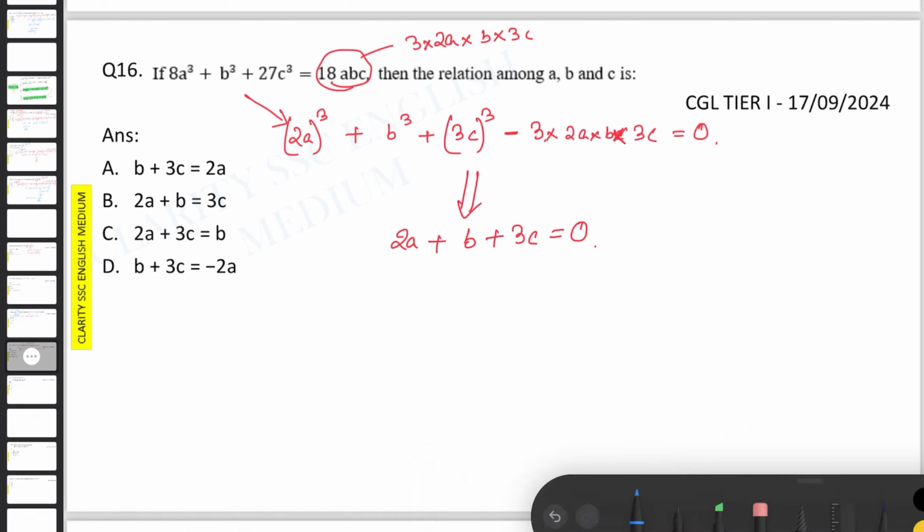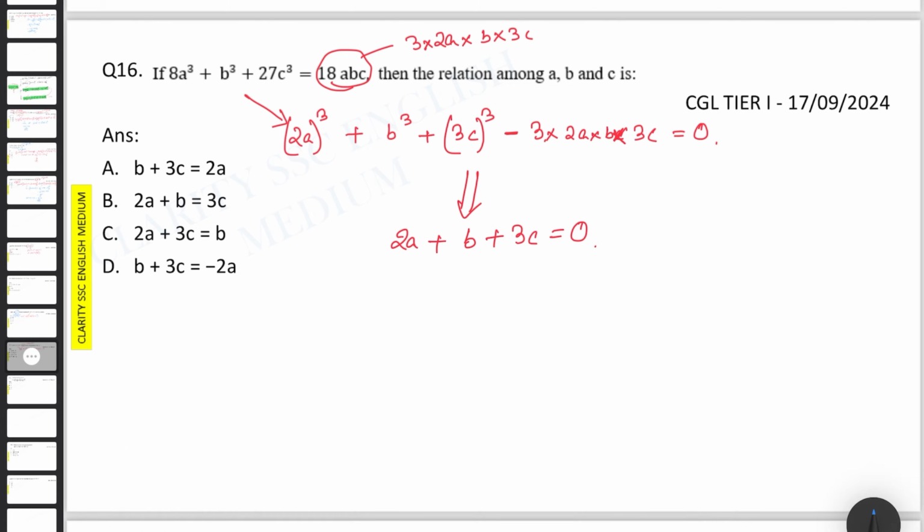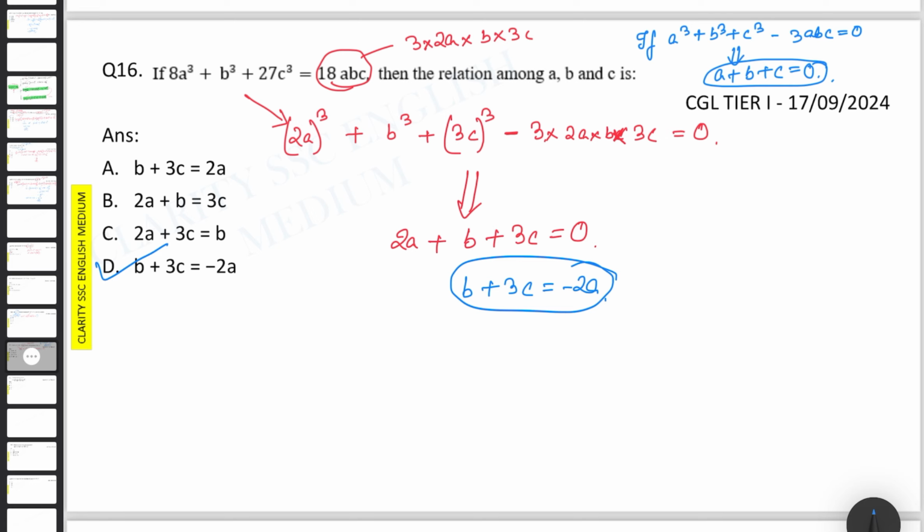What I have just written here is, if a cube plus b cube plus c cube minus thrice abc is equal to 0, then a plus b plus c is equal to 0. Here the value of a becomes twice a, b is b only, c is thrice c. So we can write here 2a plus b plus 3c equals 0. So option number D is the correct answer.